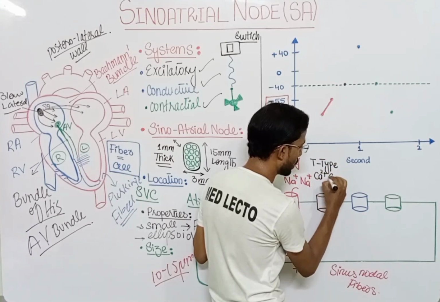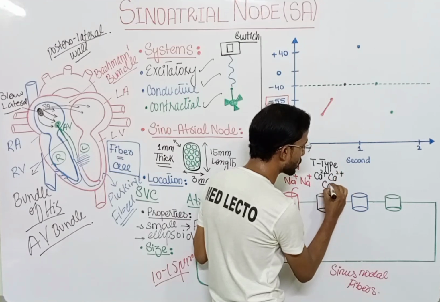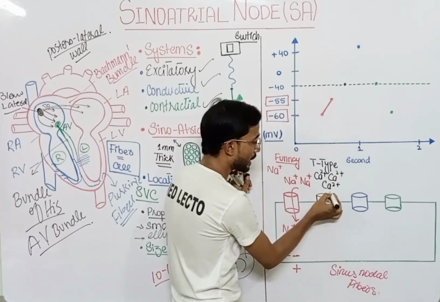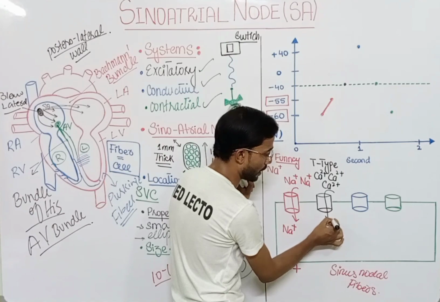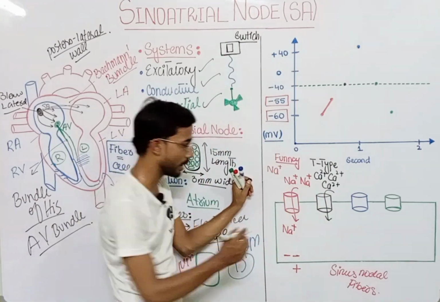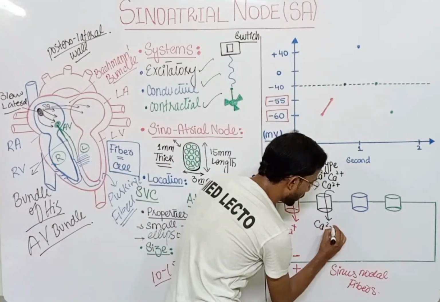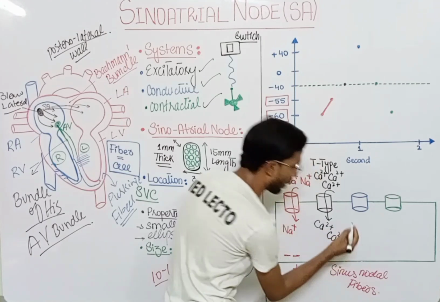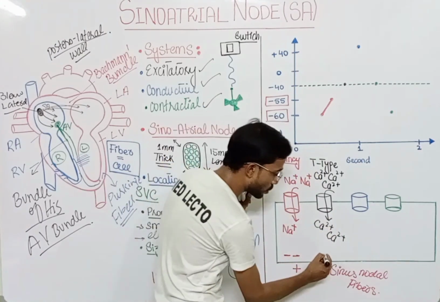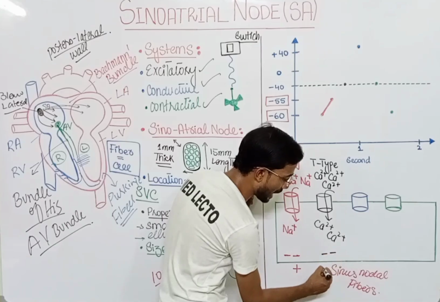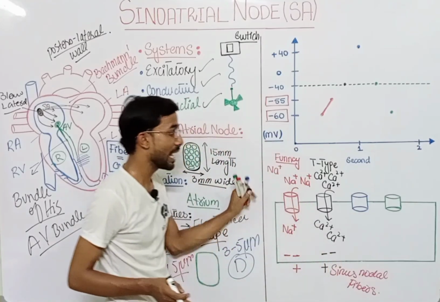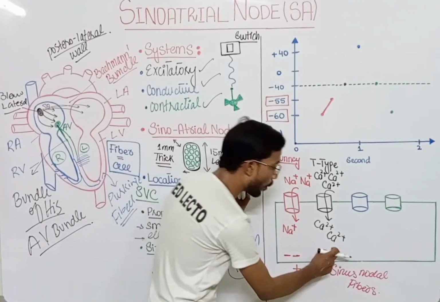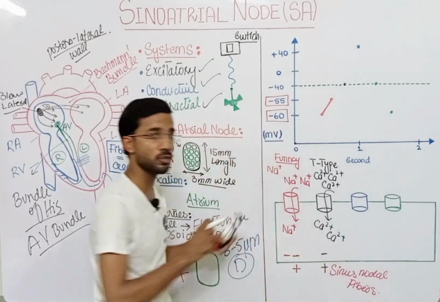Okay. So in that situation, what will happen? Calcium starts moving inward and starts accumulating inside the cell. So you see the two negative signs and one positive sign present outside, and again one negative sign will be removed.